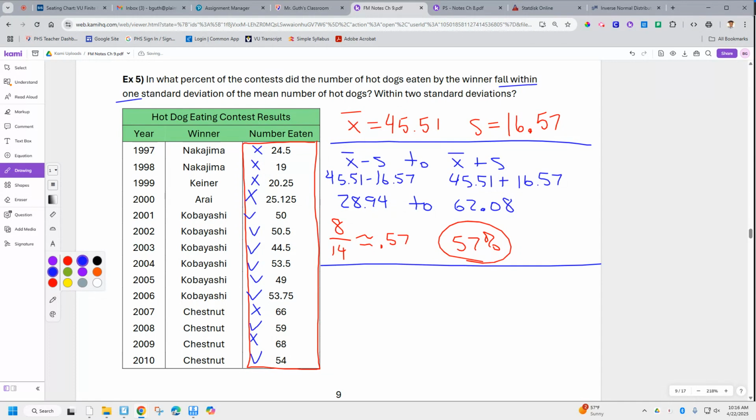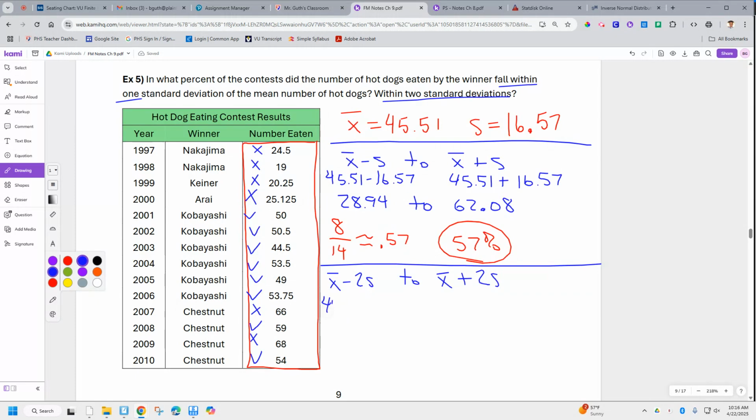But then it asks about within 2 standard deviations. It's a similar question, but this time it's within 2 standard deviations. So in other words, x bar minus 2s to x bar plus 2s. I want to be within 2 standard deviations away from the mean.